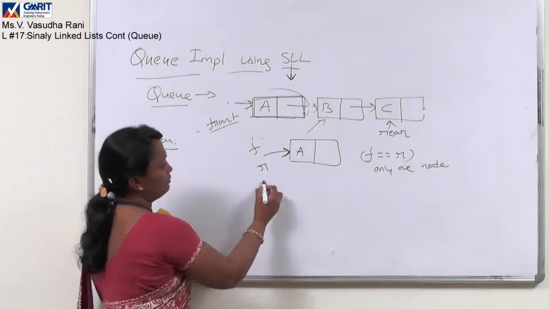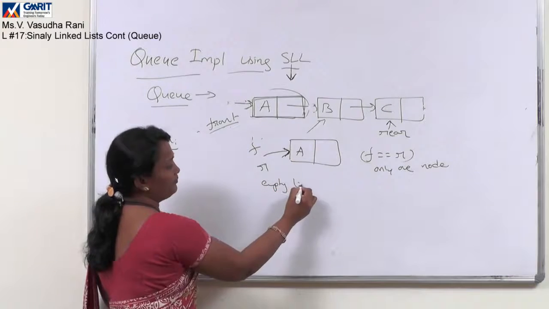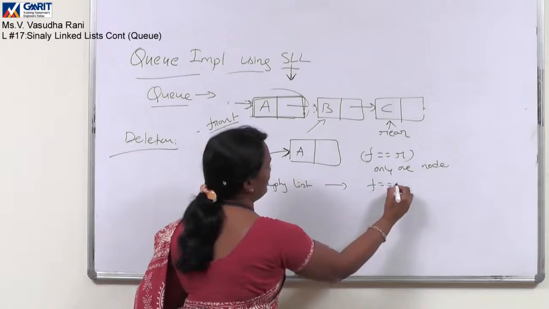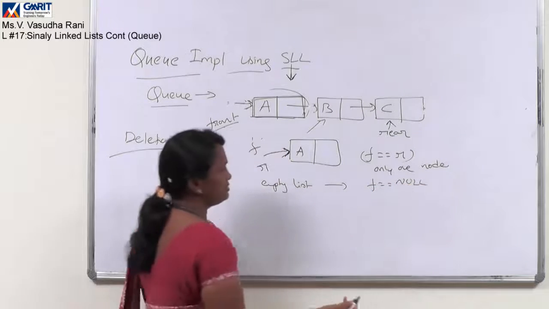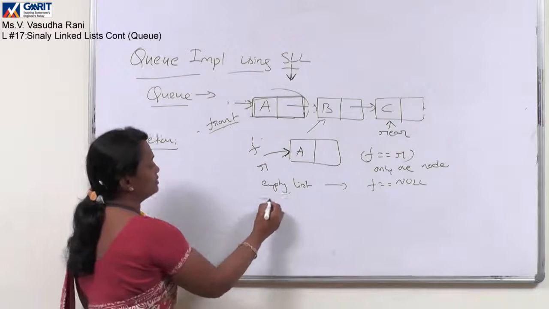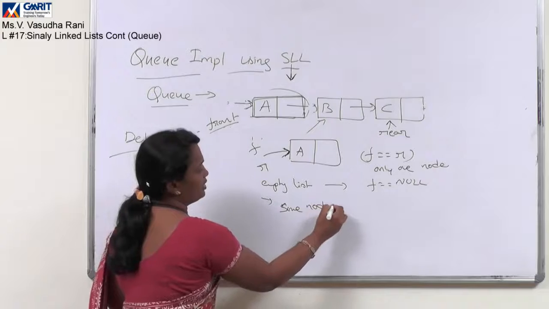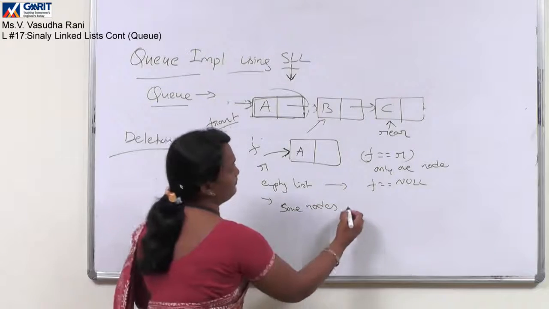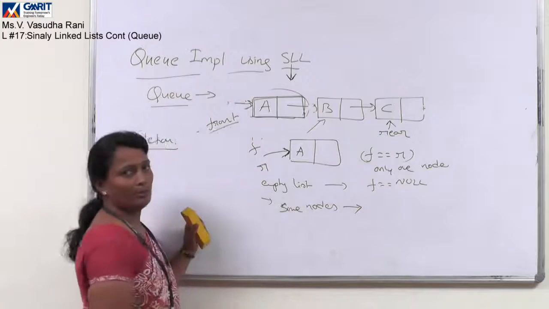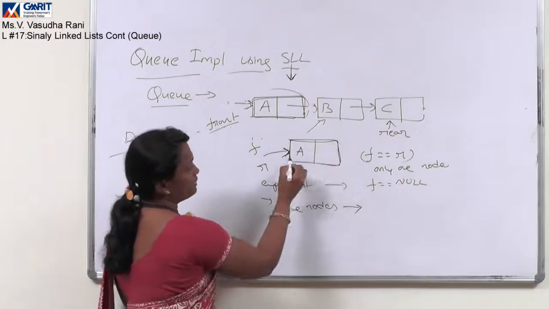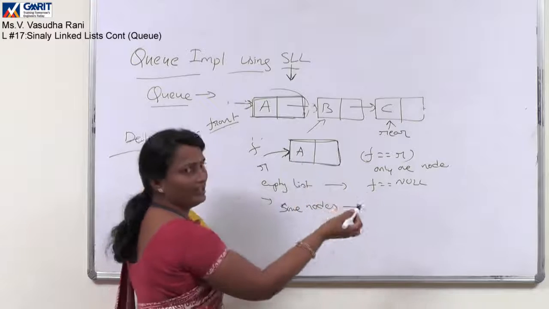And empty list, you have to check for the condition for empty list. If front equal to null, it is empty list. Otherwise, if there are some number of nodes, in order to delete a node, you have to simply move from the current front pointer to the next node.